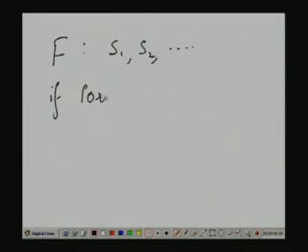Okay. So, as I mentioned in the last class, I will consider a field of sets F. It will consist of, suppose, sets S1, S2 and so on and so forth. Now, this will be a field if, for any Si, I would say element, because this is a field means it is a class of sets.